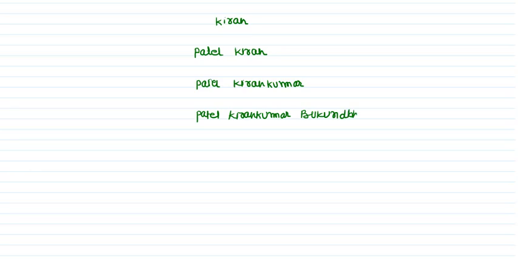So what does it indicate? Suppose from the first name, no one can identify which state they come from. But from this it is clear that he or she is from Gujarat.